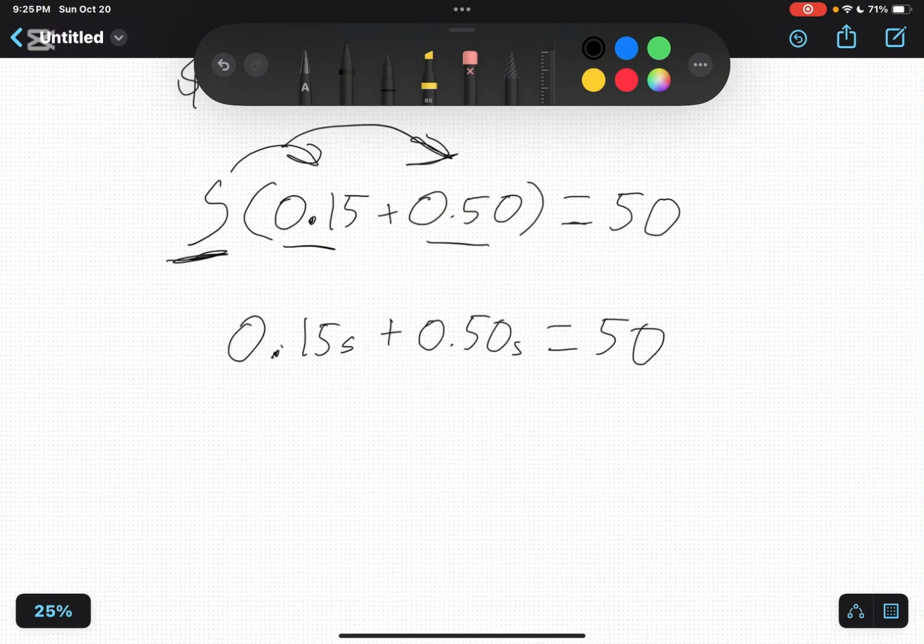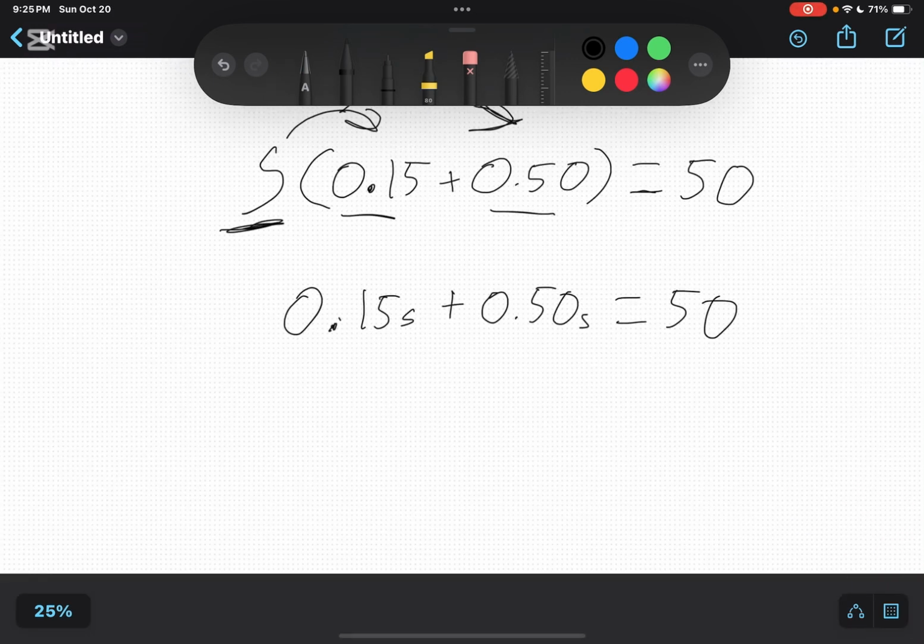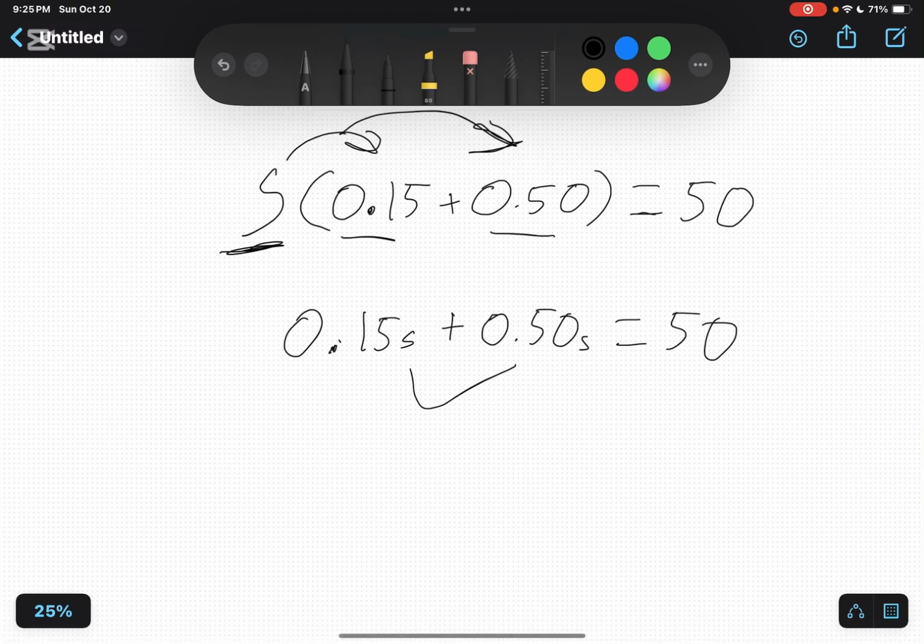Now from this point, it may look a little strange because now we have basically two variables on the board, but both of those variables are the same variable. So what we can do is combine these two numbers with the variables to equal 0.65 S. And that's not seconds, that's students, remember. That S is students, equals 50.